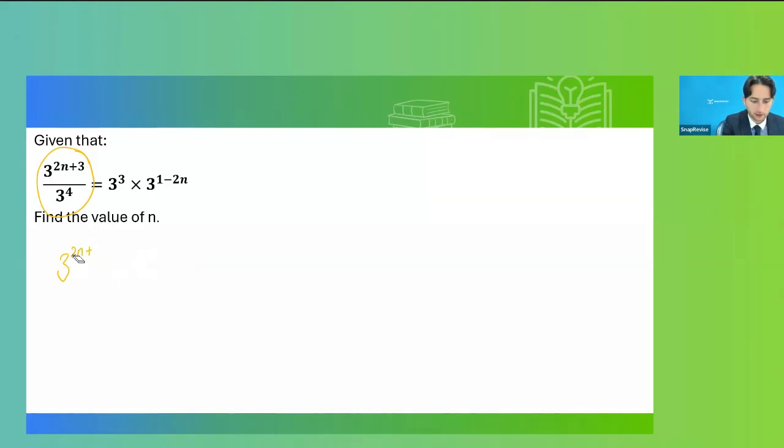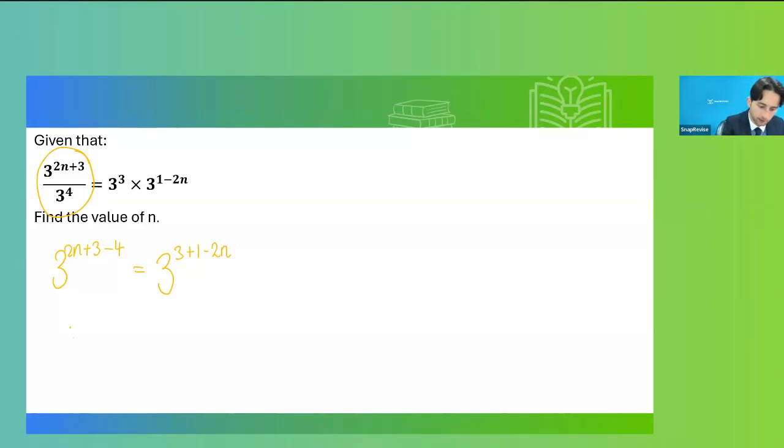So it's kind of like 3 to the 2n plus 3 minus 4. And then here you add. So 3 to the 3 plus 1 minus 2n. Do take a moment to check we're happy, but remember, times in with powers of the same base, which we do have, you add the powers, you add the indices, divide and you subtract.